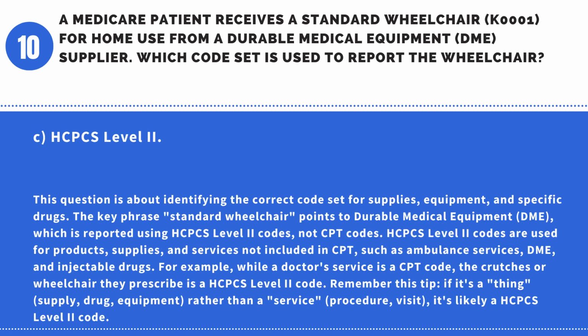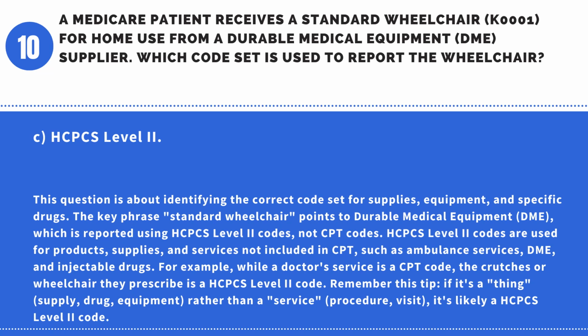Answer: C. HCPCS Level II. This question is about identifying the correct code set for supplies, equipment, and specific drugs. The key phrase standard wheelchair points to durable medical equipment, DME, which is reported using HCPCS Level II codes, not CPT codes.